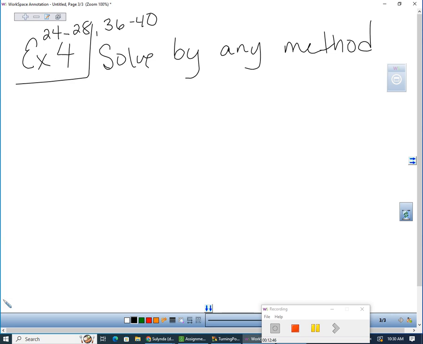Okay? No, you just got to explain the first one. So, let's go with something like this. Let's say I have 2x squared plus x minus 3 equals 0.